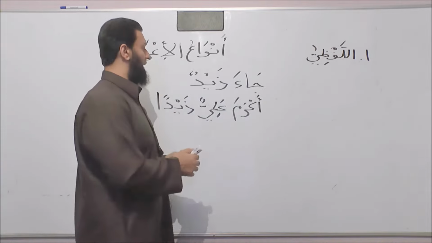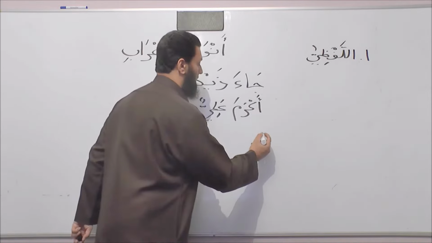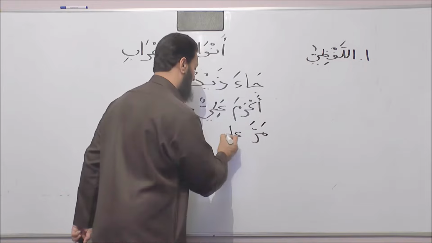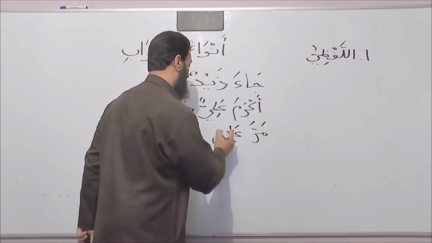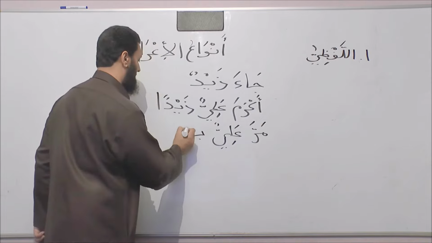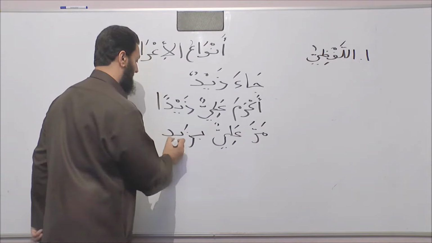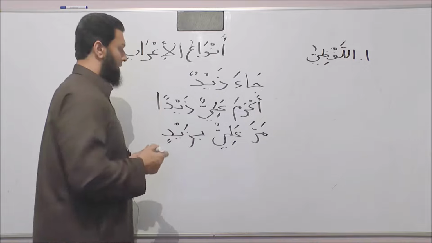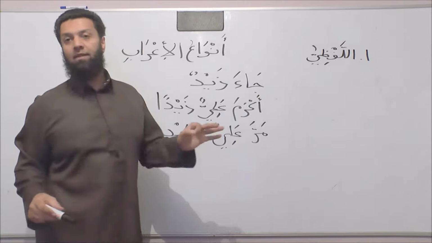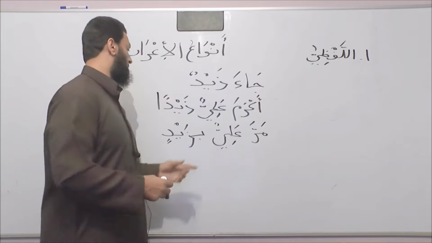And the third example would be marra aliyun bi zaydin. In the third example, zaydin is now majrurun. Why?